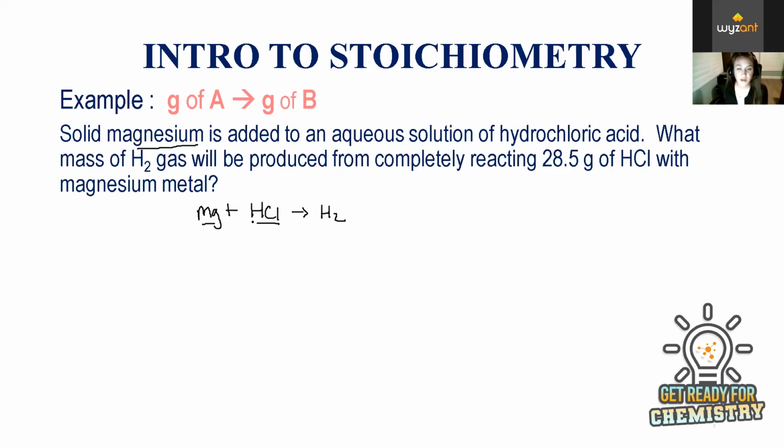Mg is positive, H is positive, they basically switch places. So the H is going to be by itself, which remember, by itself, H is a diatomic molecule, so it's H2. And then our new compound is MgCl and then 2, because Mg is technically 2 plus and chlorine is 1 minus. So I just pulled the 2 down here. So MgCl2.